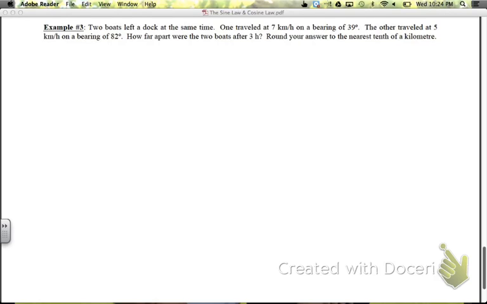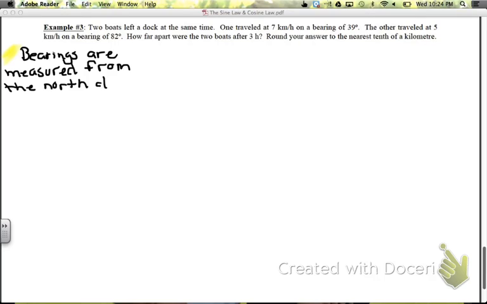So one thing that I want you to note, that a bearing is measured from the north clockwise. So we could just write that down. So bearings are measured from the north clockwise.